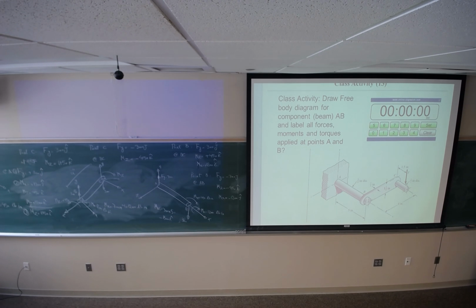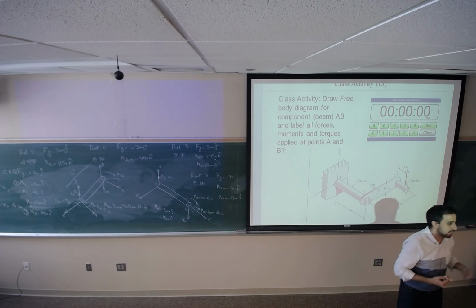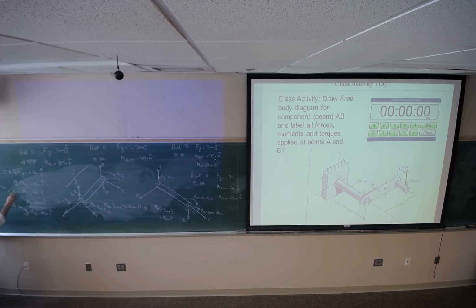Yes, because I have two vectors, both are moment, and both acting in the same direction, I can add them up. So one force, one moment, and moment number one, moment number two.